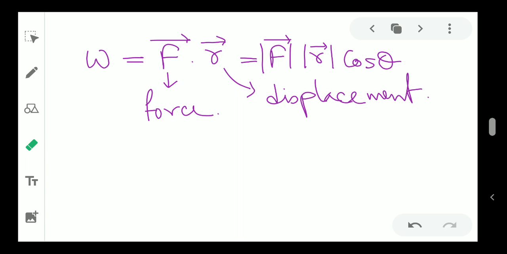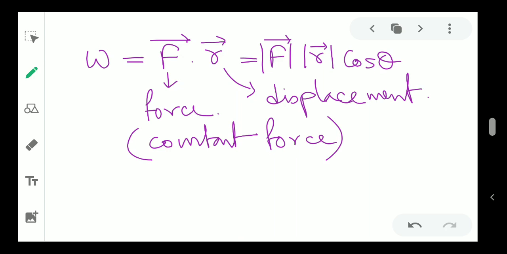Now in this formula the force has been taken as a constant force. That means the value of the force is not changing in this case, but there are some cases where the value of force can change as well. So in those cases, how will we calculate the work done?